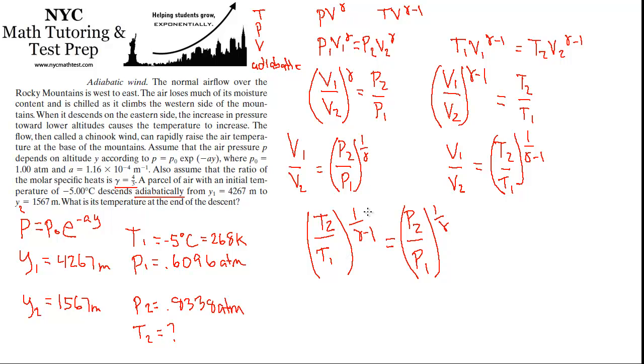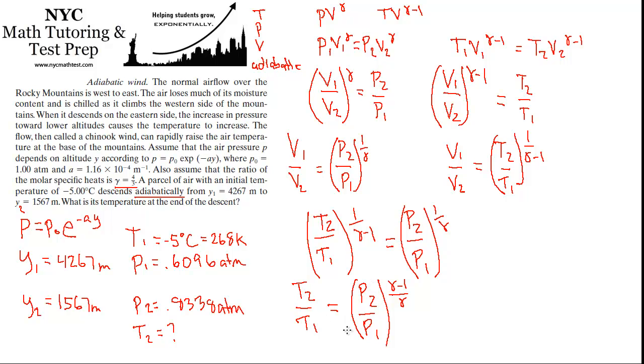We have to raise both sides to the gamma minus 1. So the exponent on the left side goes away, and the right side becomes P2 over P1 raised to the gamma minus 1 over gamma. And now we have an expression that relates temperature and pressure directly.